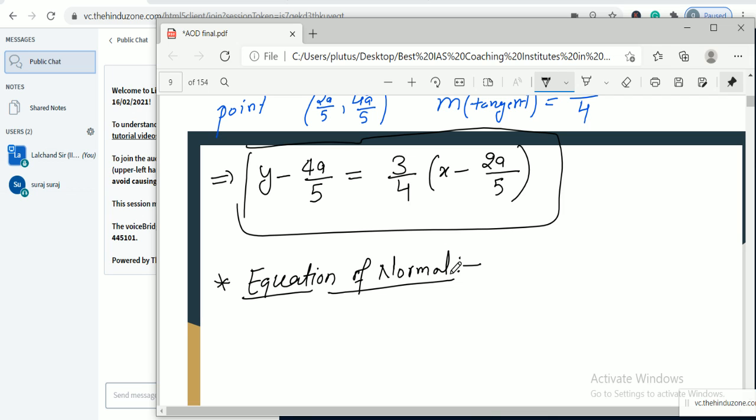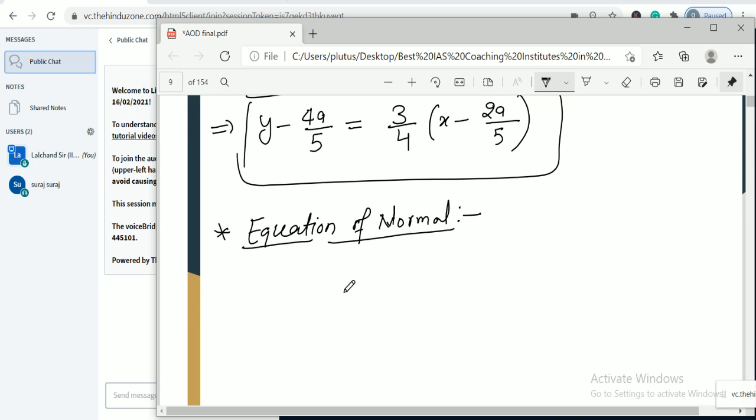How to find out the equation of normal? Simply we need to first find the slope of normal.